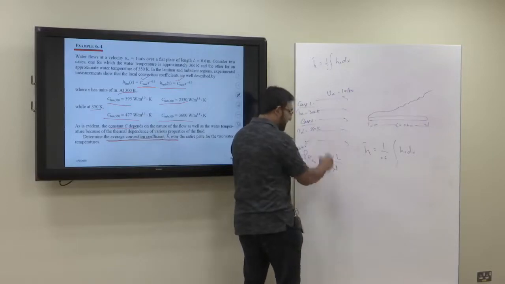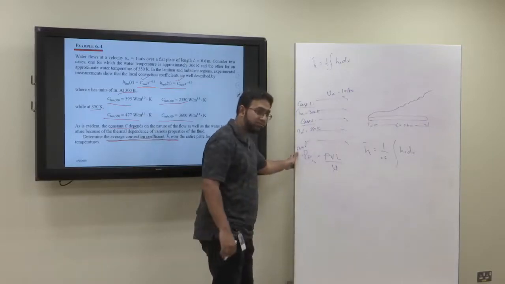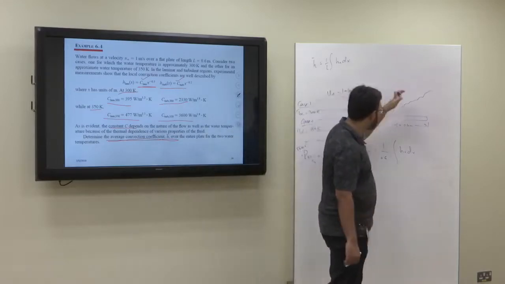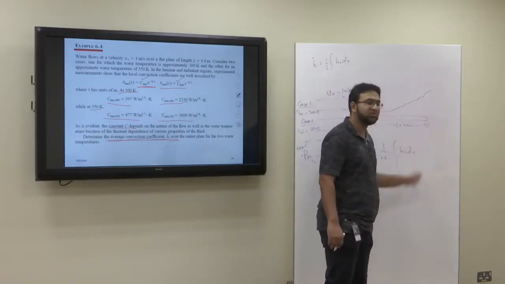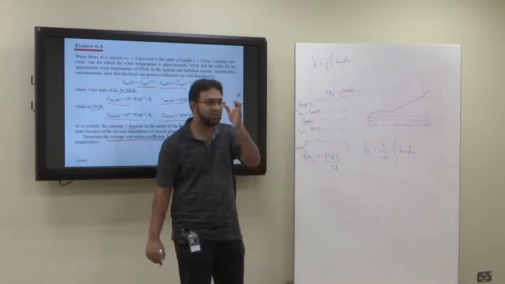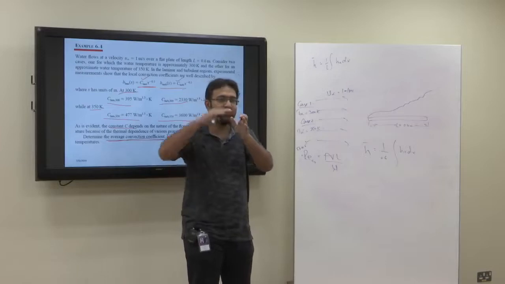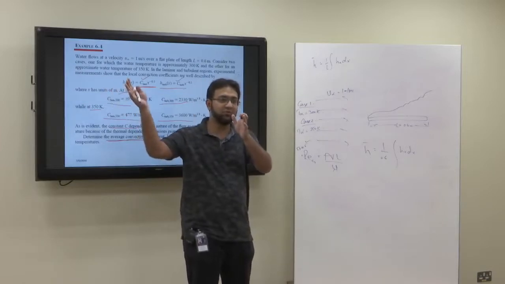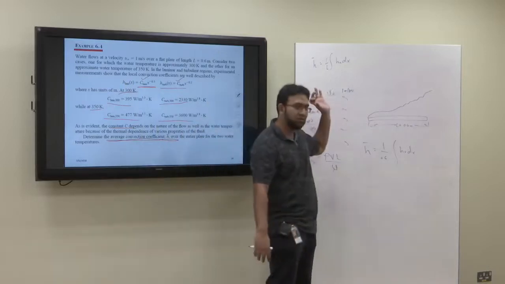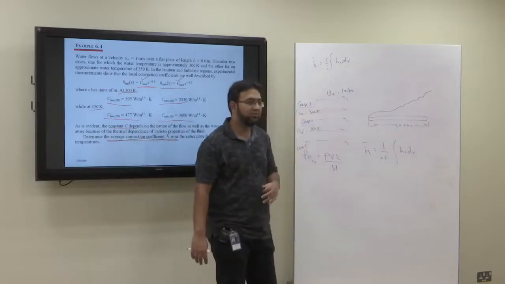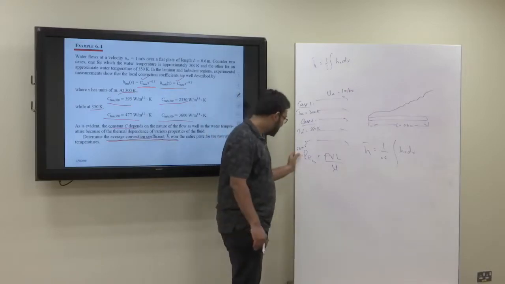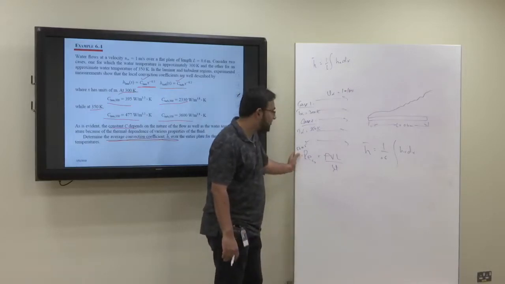We need to know after how much length the Reynolds number becomes the critical Reynolds number. That tells us after how much length the flow over the plate becomes turbulent. Before it, the flow was laminar. We know it starts laminar, but we don't know after what length it becomes turbulent. By using the critical Reynolds number, we can find it.